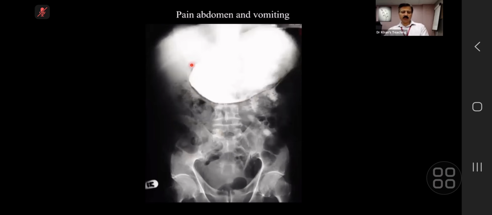Just name this finding. What is happening? So it's a gastric volvulus? So where is this air? So there's air around a dilated hyperdense structure.